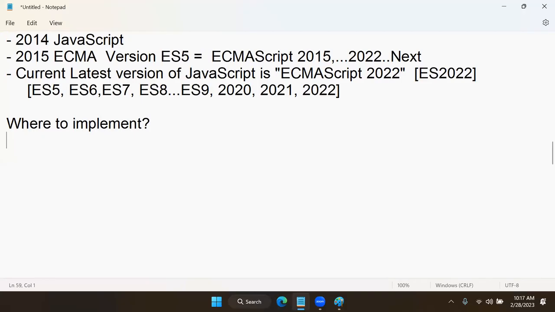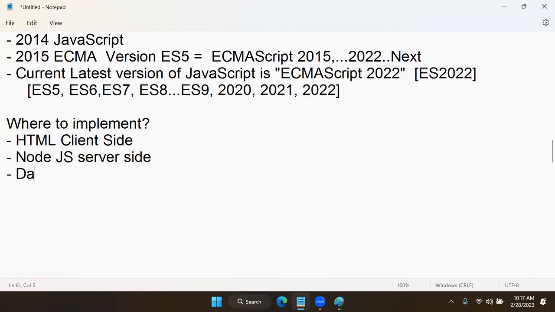We implement JavaScript with HTML, client side. We implement JavaScript with Node.js, server side. We implement JavaScript in the MongoDB database. We implement it in software like Flash, 3ds Max, like this. This is in animations.